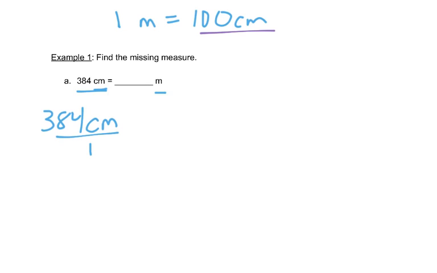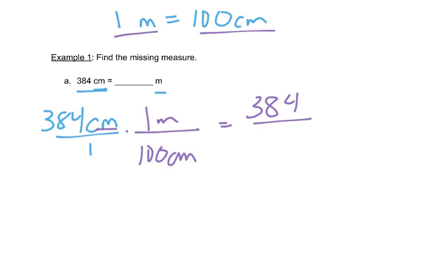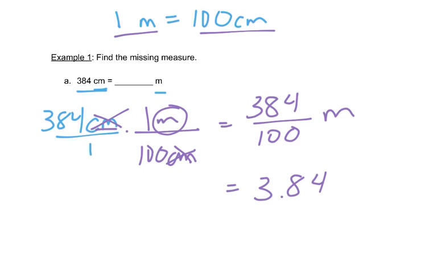Here we have centimeters on the top, so we'll put the centimeters on the bottom. And that leaves the 1 meter on the top. We'll multiply straight across, so we get 384 over 100. The centimeters have canceled out, so we're left with meters. And if we divide, we get 3.84 meters.